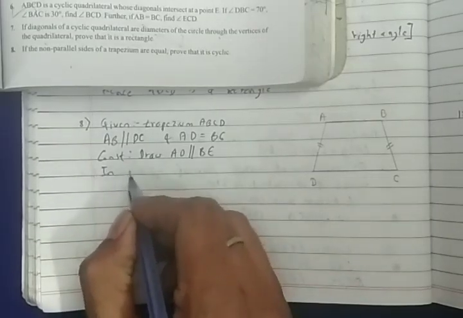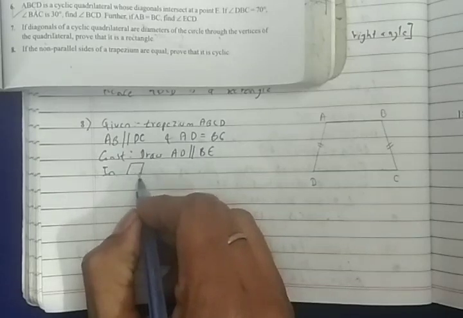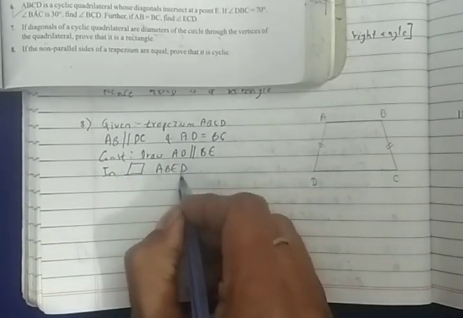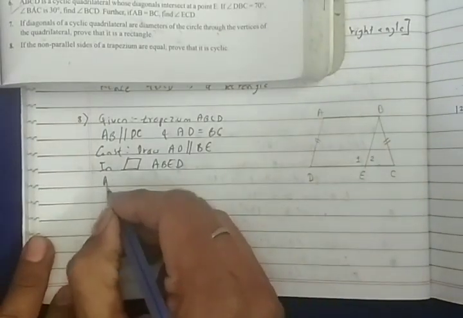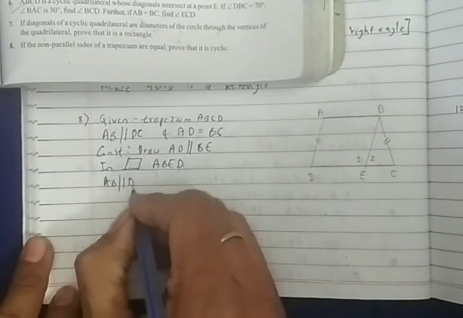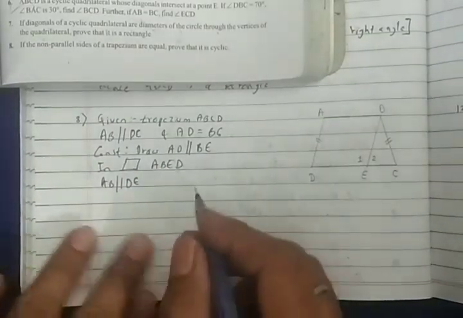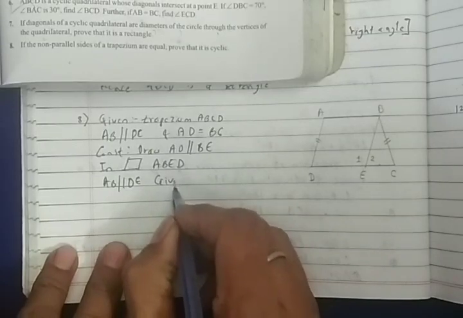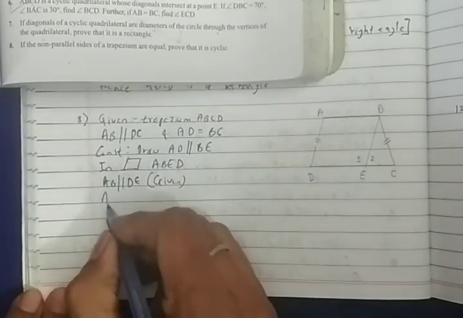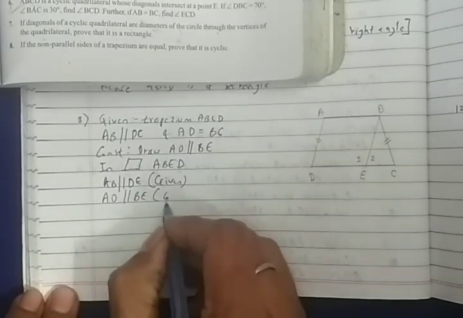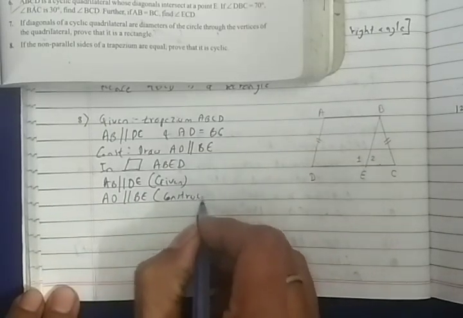Now in quadrilateral ABED, AB is parallel to DE, right? This is given, and AD is parallel to BE. This is by construction.